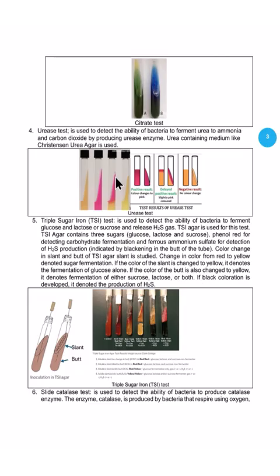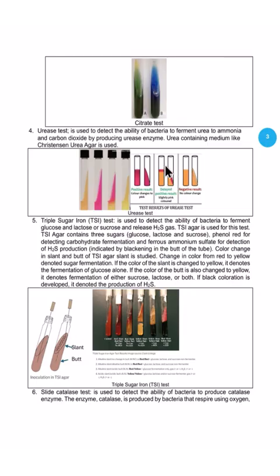There are different levels of the change of the medium. If the whole slant or the whole tube, as you can see here, turned into pink or red color, then this shows that the bacteria is positive. That means it contains an enzyme urease that hydrolyzes the urea in the medium.